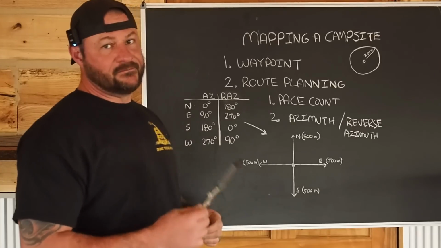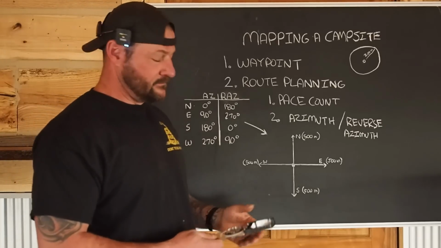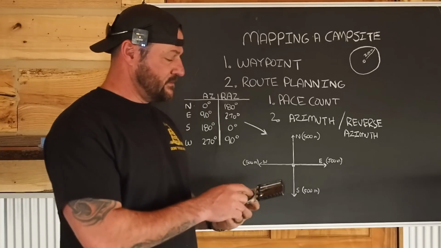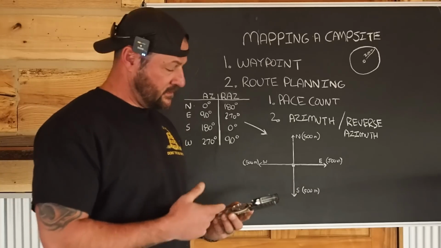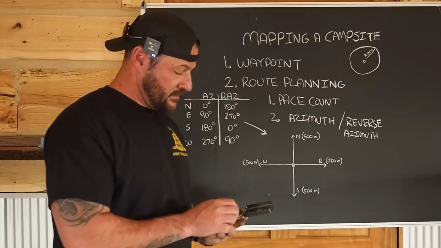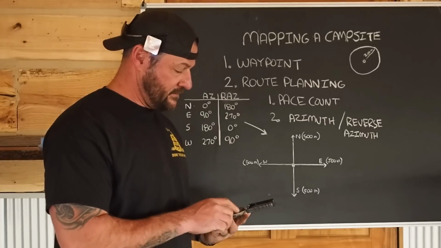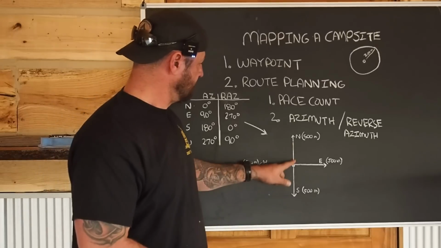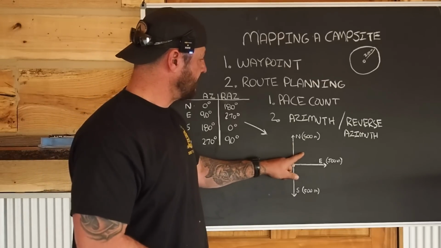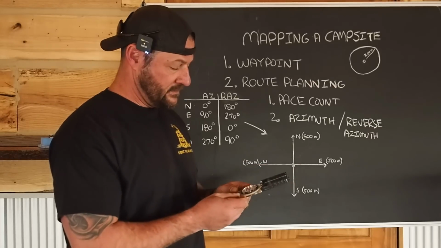So far, so good. You're looking outstanding. Now we're going to break it down even further. Being that we're just using the cardinal directions on our compass, what else do we have on here? Looking straight down, once I dial this into north at the very top of my compass, I have northeast. I can draw a line and walk 500 meters northeast. What else do we have?